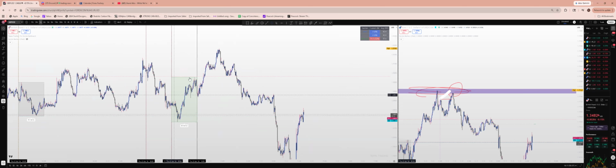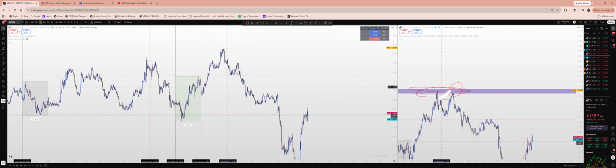I'm only putting a box around the first hour of New York. Why? Because this here shows me the pip range of the first hour, which most people, your session pip range 35 pips, based on the first hour.